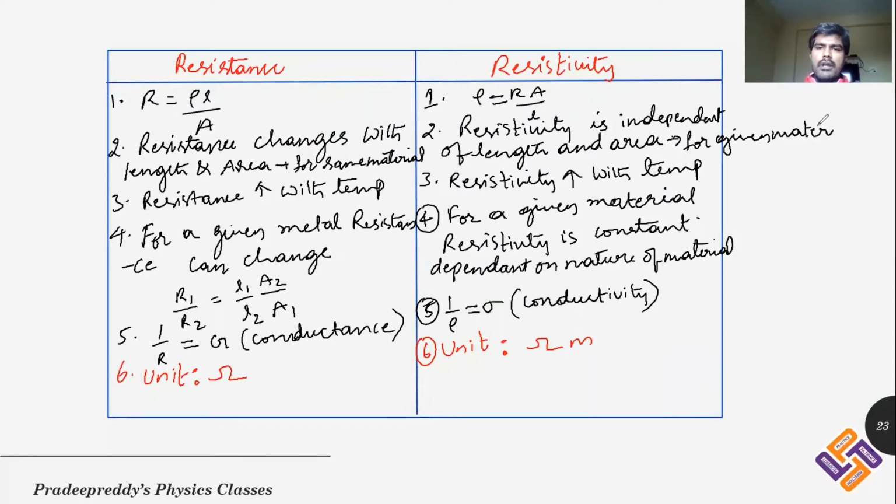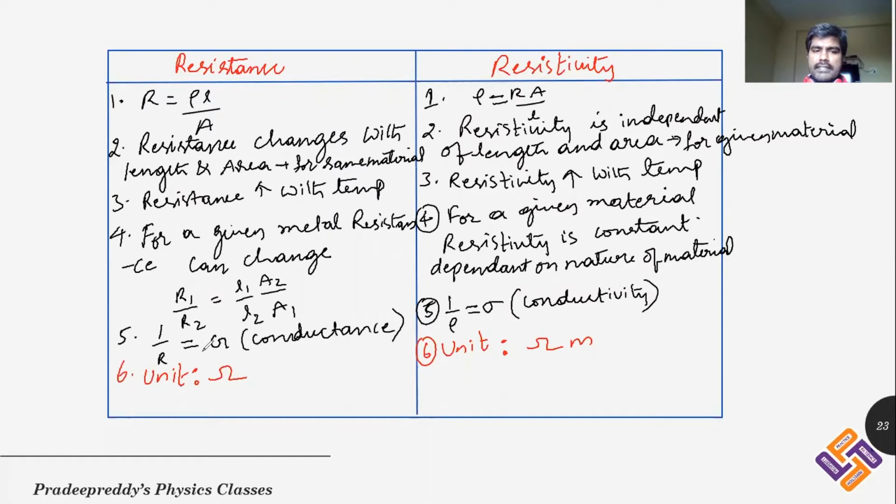So if the material is not changing, it is independent of length and area. Next, resistance increases with temperature. Resistivity also increases with temperature. For a given metal, resistance can change with length and area, but for a given material, resistivity is constant. It depends only on the nature of the material.